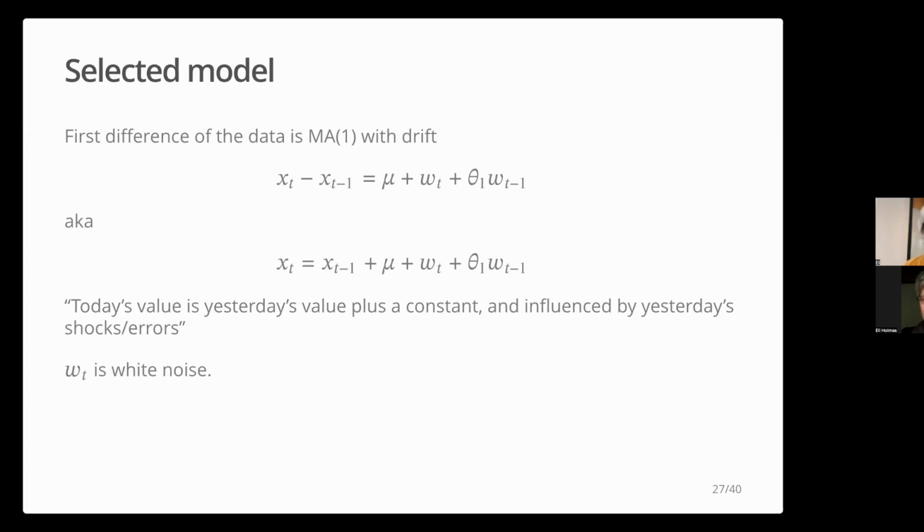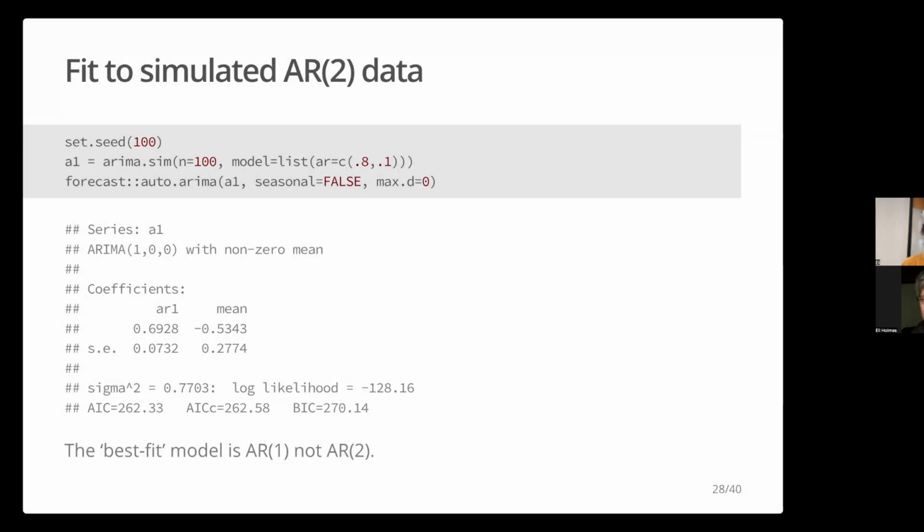Okay. So let's fit to some simulated data where we know what the answer is. This is a simulation function. It's, I believe, in base R. So we're saying, hey, simulate from an ARIMA model.